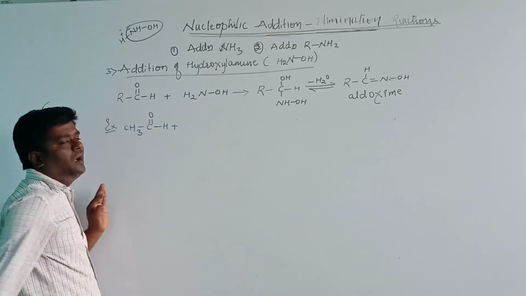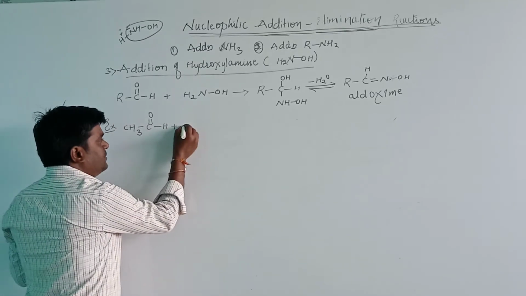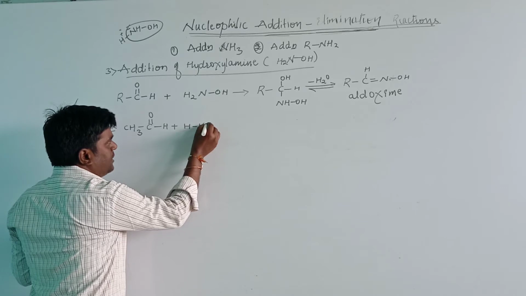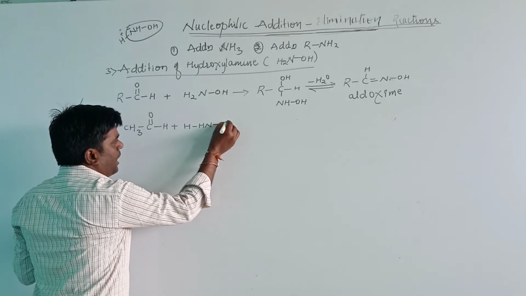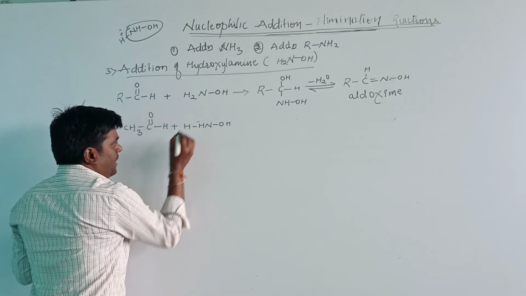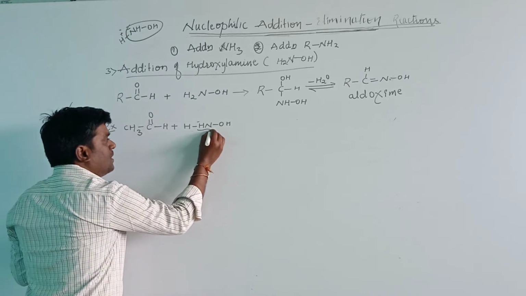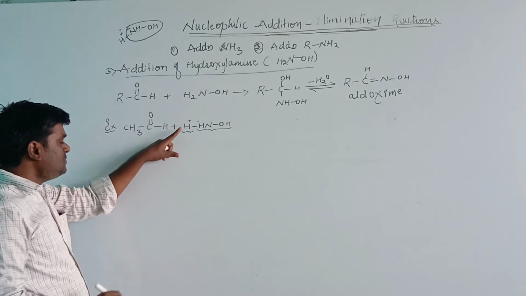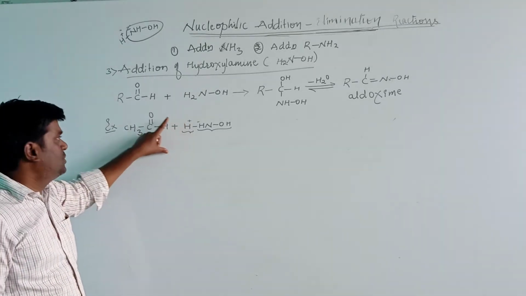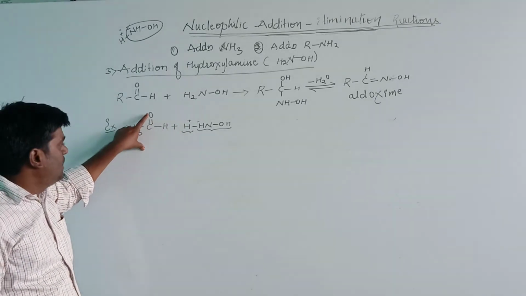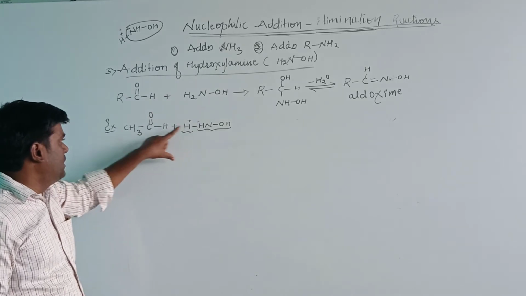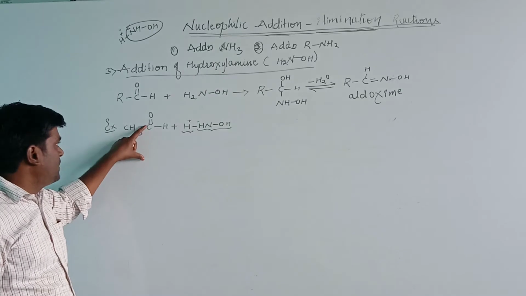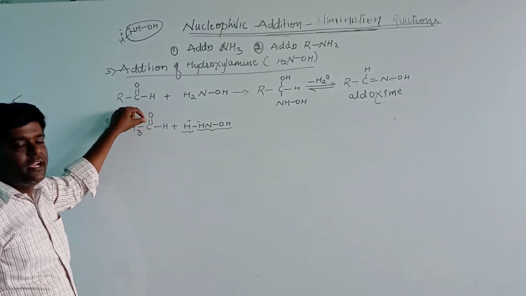That is, example CH3 C double bond O H, when reacted with the hydroxylamine, I will write like this: hydrogen and OH. This part acts as a negative and this part acts as a positive. Positive will be attached to the negative, that is oxygen, and the negative part will attach to the carbon that carries the positive charge, because the oxygen is more electronegative.